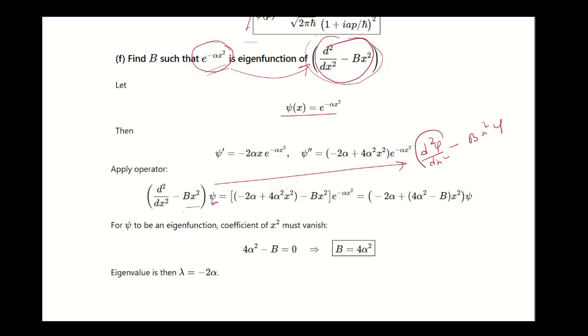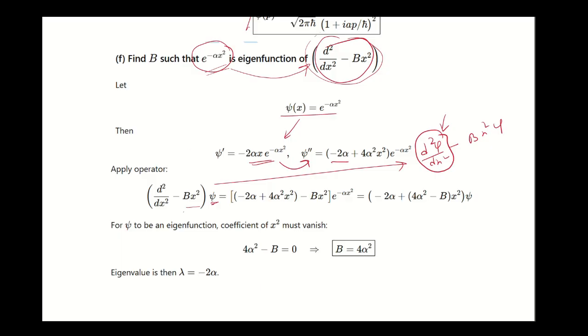Now for d2/dx2 of psi, we have to perform the second order derivative with respect to x on psi. After the first order derivative, it becomes minus twice alpha x, then e to the power minus alpha x squared. For the second order derivative, e to the power minus alpha x squared is taken as it is, and the derivative of x gives minus twice alpha.